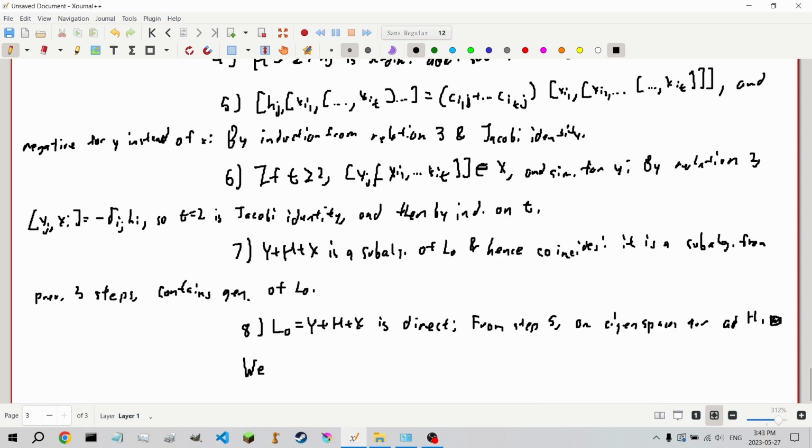One last note, we may describe this decomposition in terms of weights.